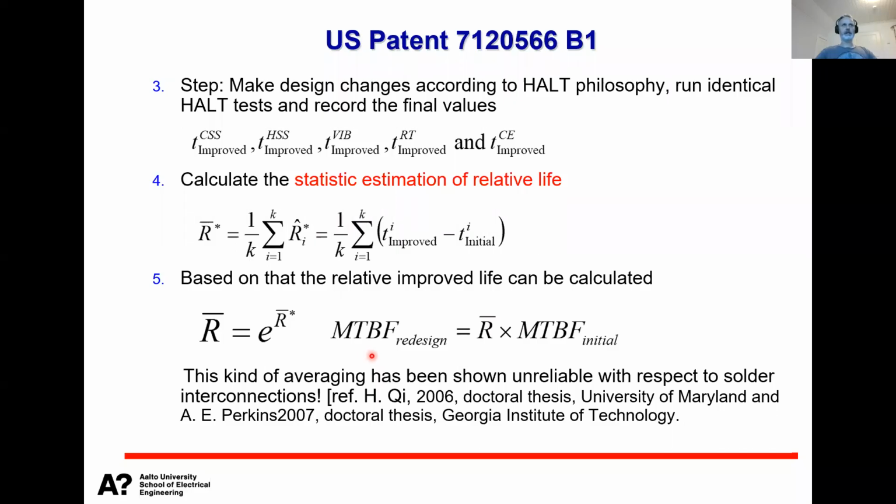So now, of course, we already had a critical look at what this initial value is, because it only includes the data coming from the components. So it does not include the system level effects and these kind of quality related things. It does not include, for example, manufacturing quality related issues.